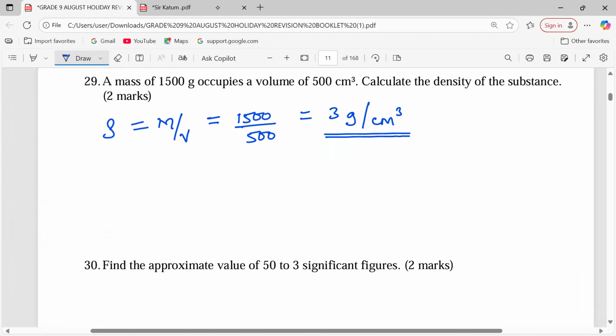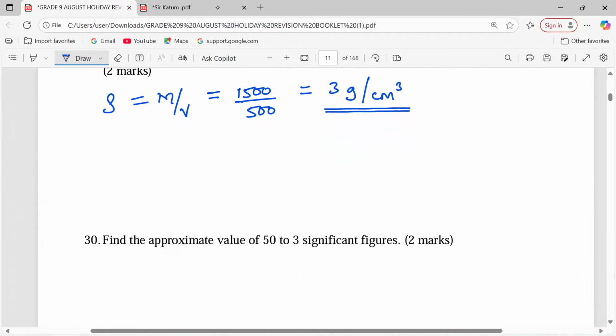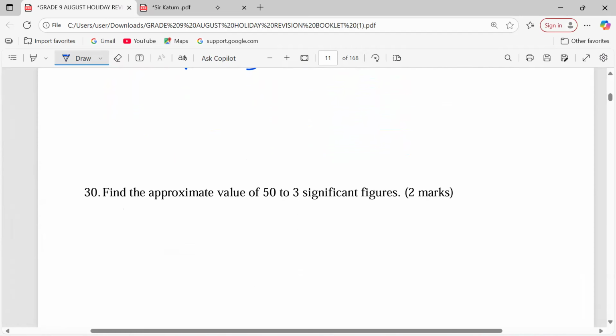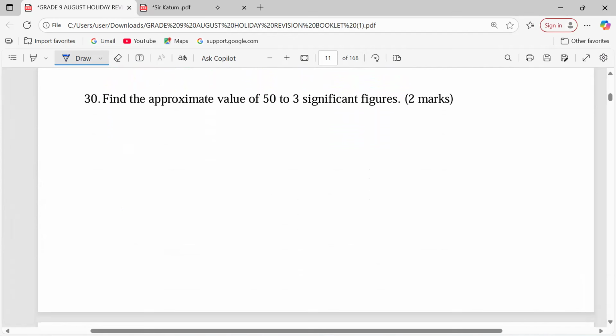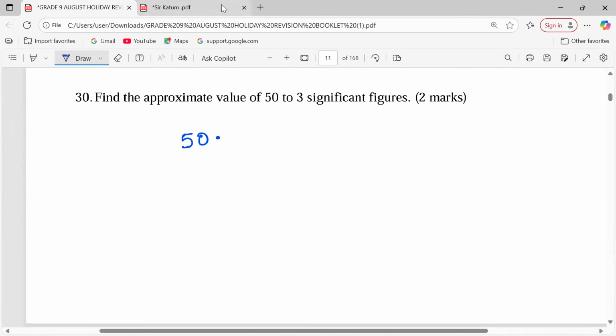You're supposed to proceed to the next. The next question says, find the approximate value of 50 to 3 significant figures. So 50 is already 2 significant figures. So when we add 0.0, it becomes a 3 significant figure number.